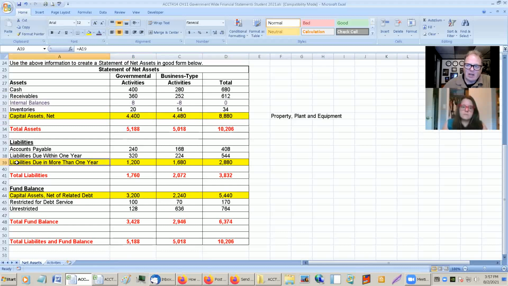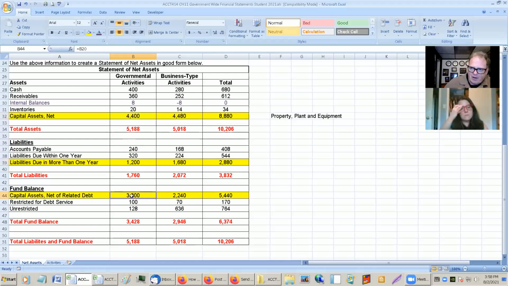Now, they also don't put on long-term liabilities. So these are the long-term liabilities. Now, down here, we have the capital assets net of the related debt. In other words, these are the capital assets, and this is how much we owe on it.